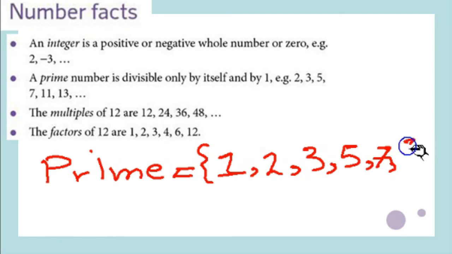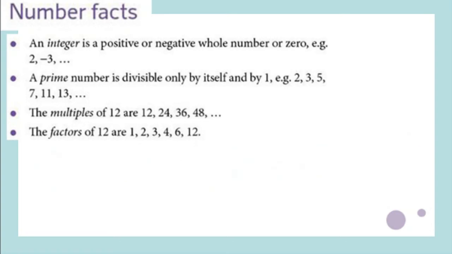So you have to remember that a prime number is divisible in only 2 cases: by itself and by 1.